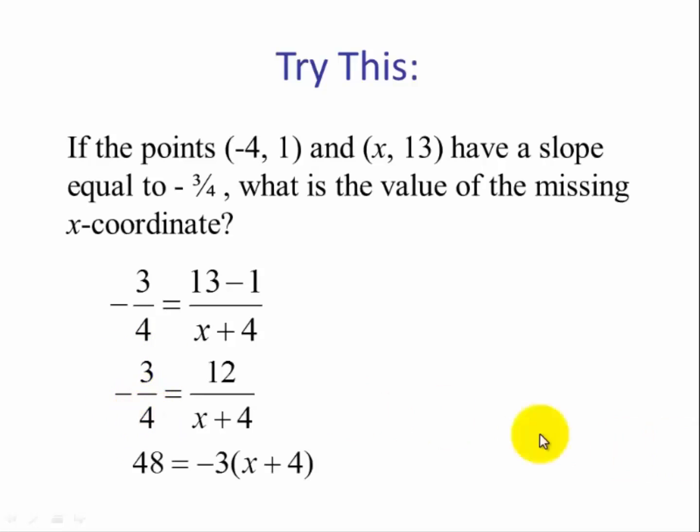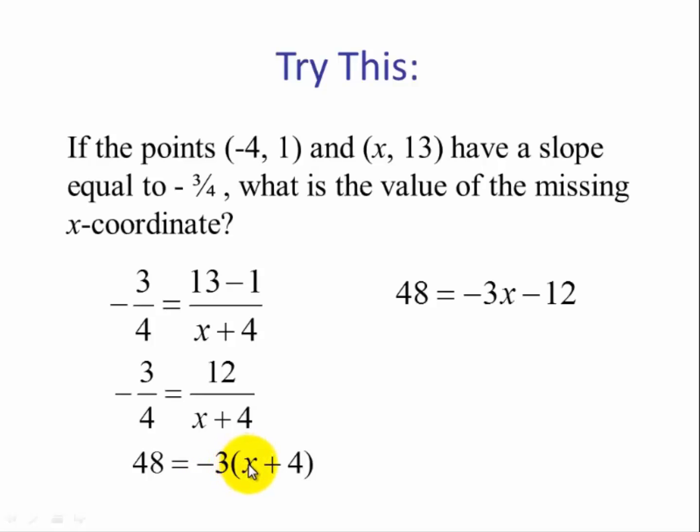So when we cross multiply, we're going to take -3 times x plus 4, put an equal sign, and that's going to be equal to 4 times 12, which is a positive 48. Now, solving this equation, we use the distributive property.